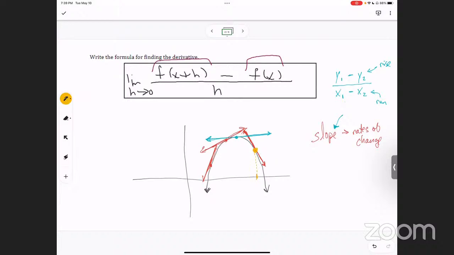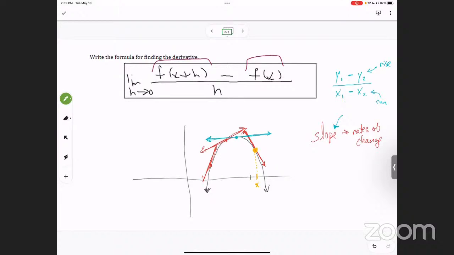There's my x value. That's the x. And what I'm doing is I'm taking an h value. Let's see what other color I can use. Green. I'm taking this distance right here.